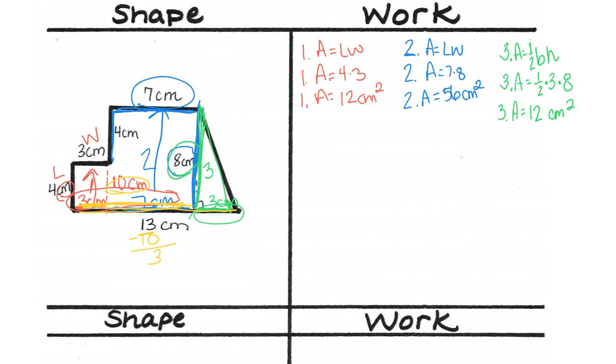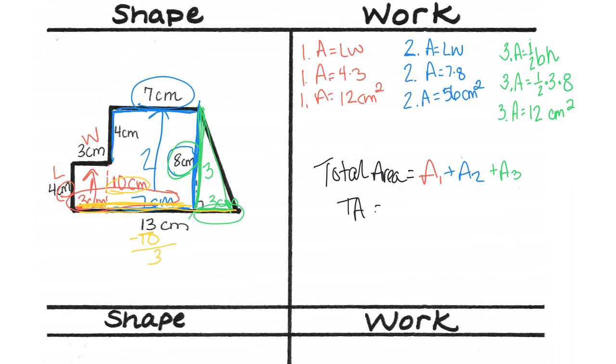Okay, now that we have each individual area, we have to add them up. So I'm going to write that as the total area. So our total area is equal to area 1 plus area 2 plus area 3. So let's plug those values in.